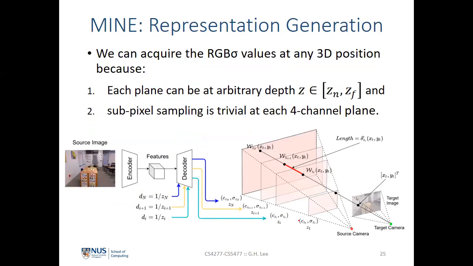We have an encoder, which is also very simple, that takes a source image, and then the decoder here will be conditioned on the inverse depth. Notice that we use the inverse depth because if you use the depth itself, then you will not be able to represent a very far away point, and this would be very bad for the network.